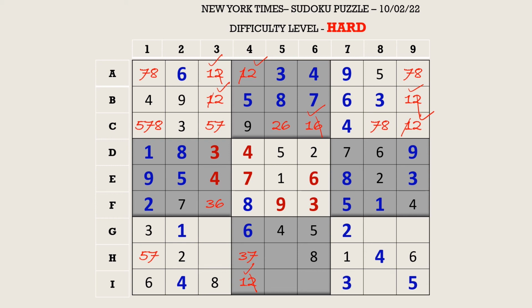Here it is 6. This is 6. This is 3. Okay, now almost all possible pairs are cracked.